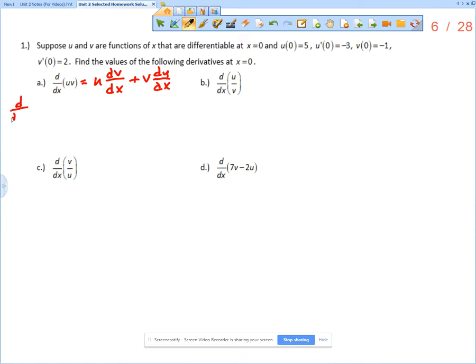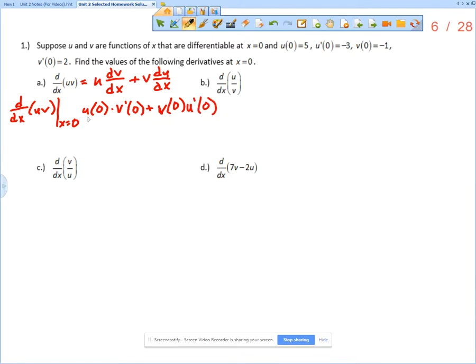So d dx of uv, but evaluated at x equals 0 means I'm going to take u of 0 times dv dx, the derivative of v, so that would be v prime of 0, plus v of 0 times, well, the derivative of u would be u prime of 0.